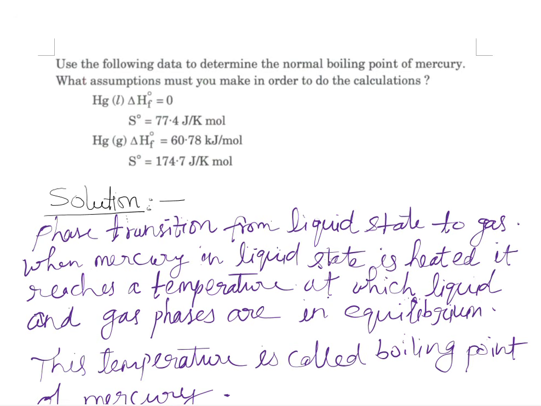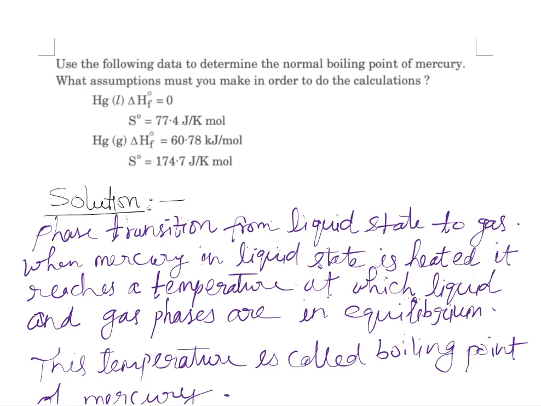Here, the naught, which is written in delta HF naught and S naught, is showing the standard state of mercury. That is at 1 atmospheric pressure and 25 degrees Celsius room temperature and at unit activities.